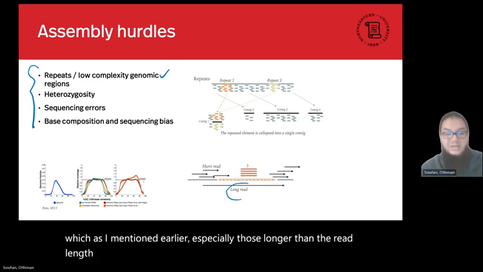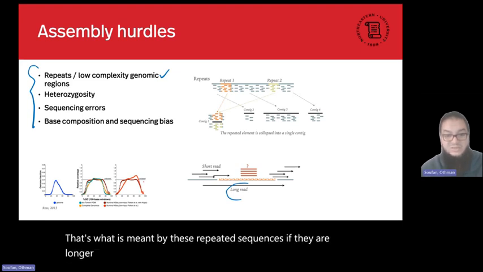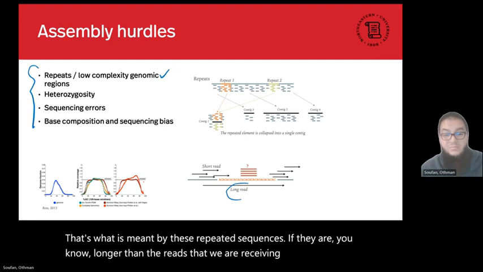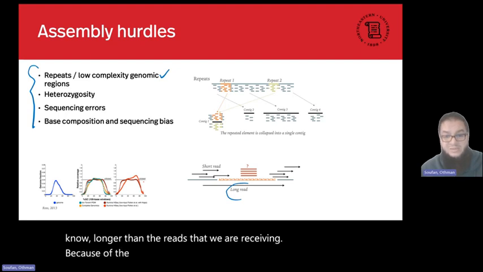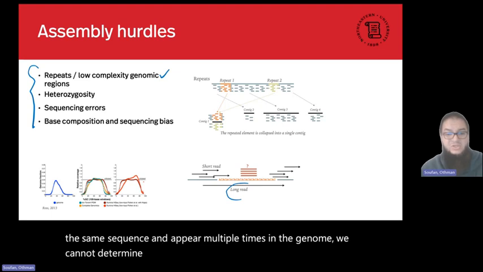Okay, that's what is meant by these repeated sequences. If they are longer than the reads that we are receiving because of the sequencing technology, they are very difficult. Because the same sequence appears multiple times in the genome, we cannot determine easily where in the genome each instance of the repeat belongs.